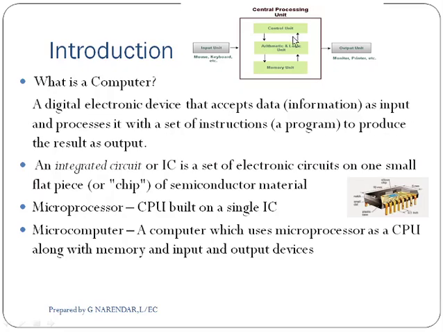Again, I'm repeating. Normally, the CPU in a computer consists of the control unit, arithmetic logic unit, and memory unit as separate circuits or separate ICs. And if all these three which constitute your CPU are built on a single piece of semiconductor material, or on a single IC, then that CPU is called a microprocessor.